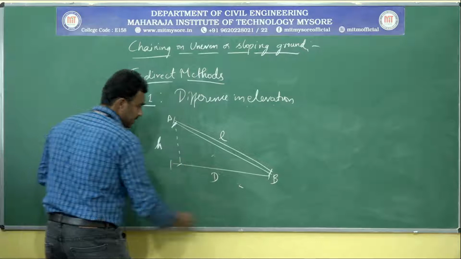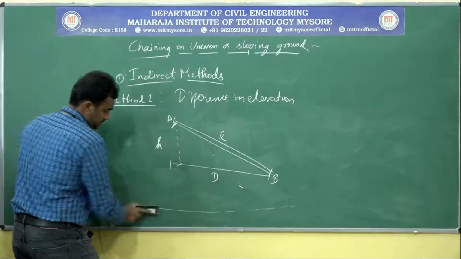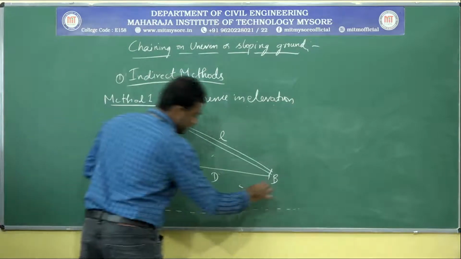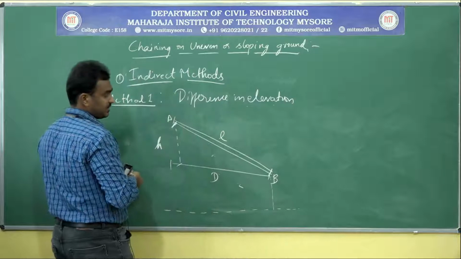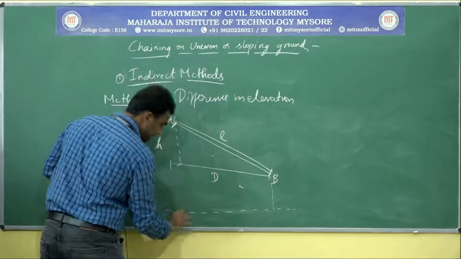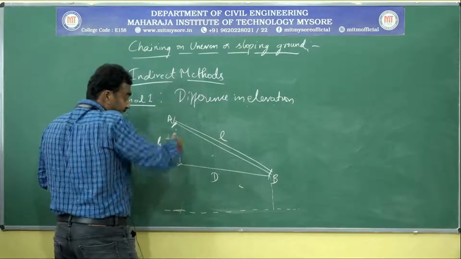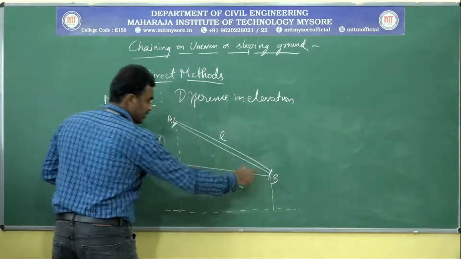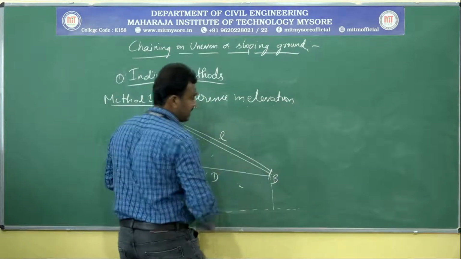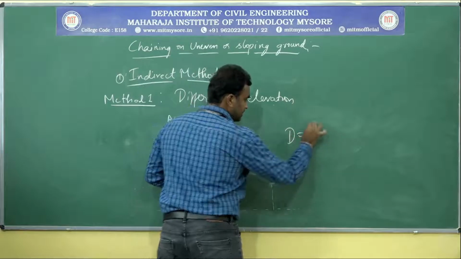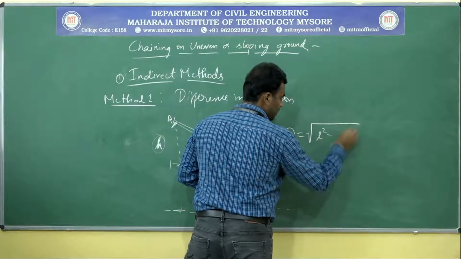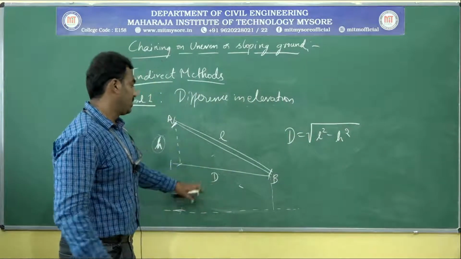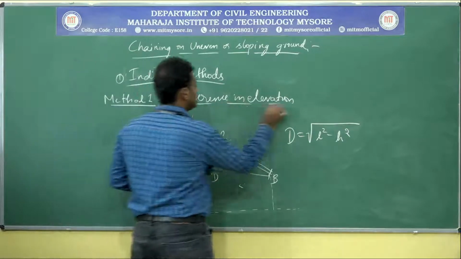If I consider any reference datum, the point A might have some elevation from here. So the difference in elevation is small h. If you consider this triangle, it is a right angle triangle. In such cases, D is the square root of L squared minus h squared, considering the Pythagoras theorem. So this is how we can find the horizontal distance when the difference in elevation is considered.